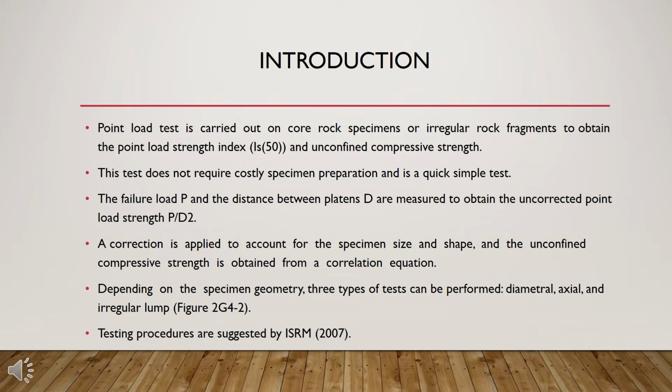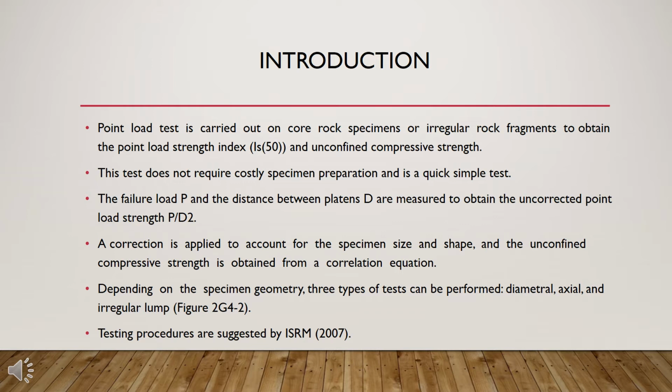Introduction. The point load test is carried out on core rock segments or irregular rock fragments to obtain the point load strength index Is50 and unconfined compression strength. This test does not require costly specimen preparation and is quite a simple test.